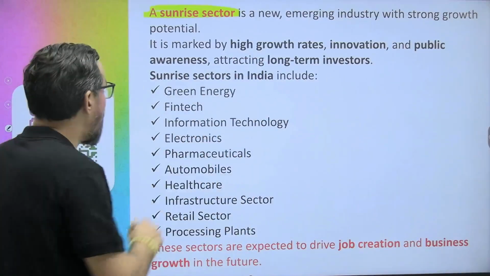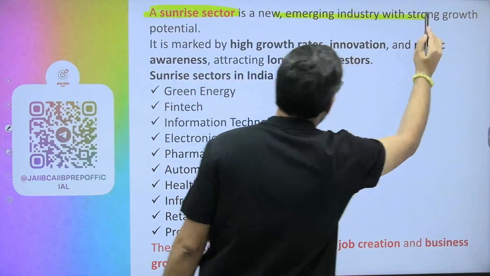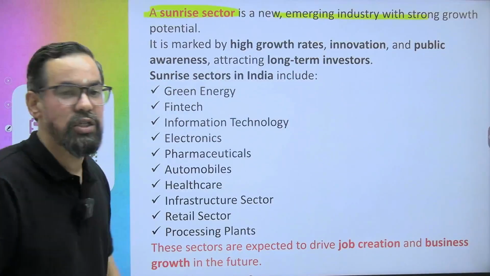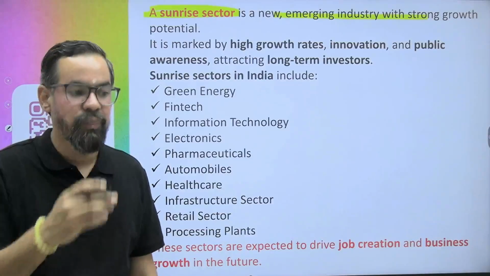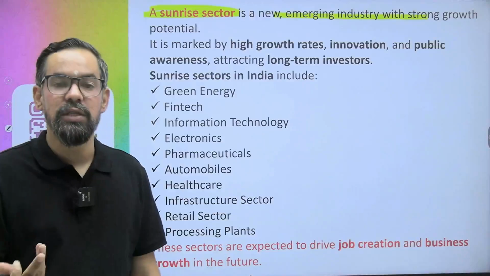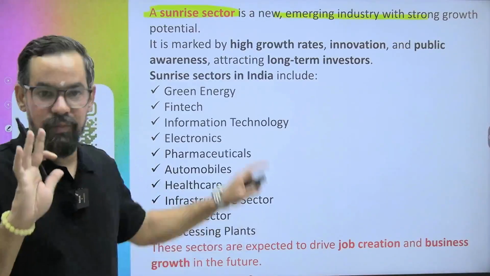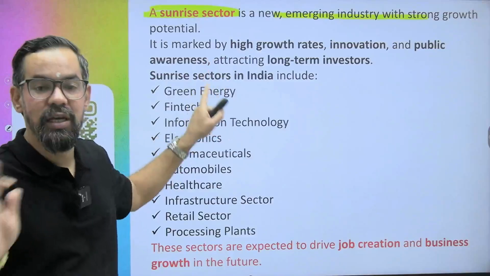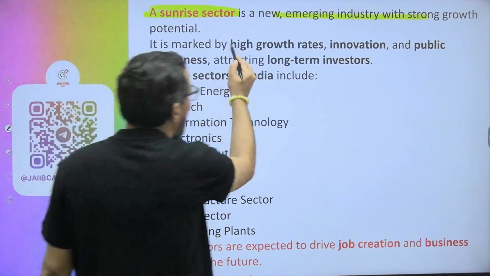So the sunrise sector is a new emerging industry with strong growth potential, like digitalization of the economy, robotics, AI, pharmaceuticals, e-commerce, or renewable energy. These are generally categorized under your sunrise sector. It is marked by a high growth rate.